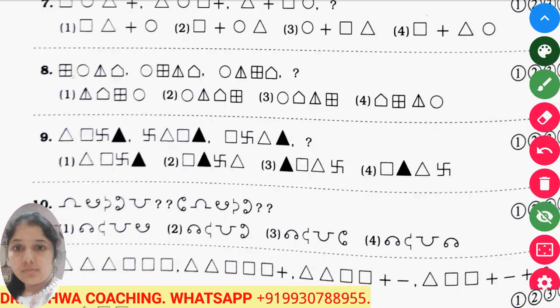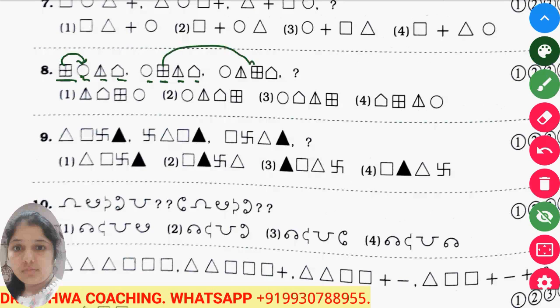Now again, if you see square, circle, triangle, pentagon, then square, circle, circle, square, triangle, pentagon. Means what is done? The circle at the second position is brought to first position, or you can say this square is brought to second position.